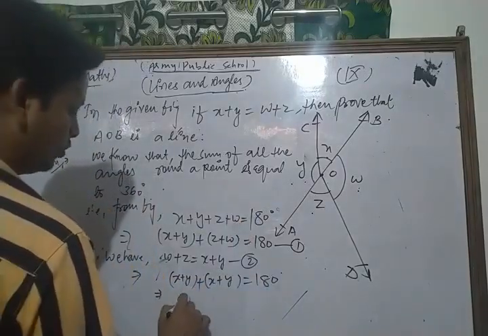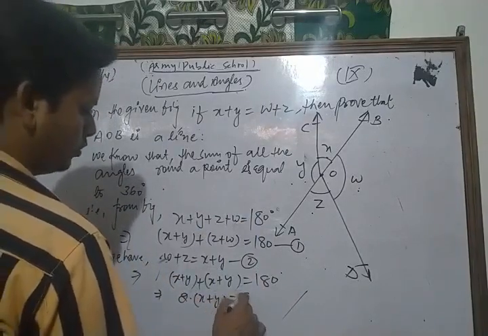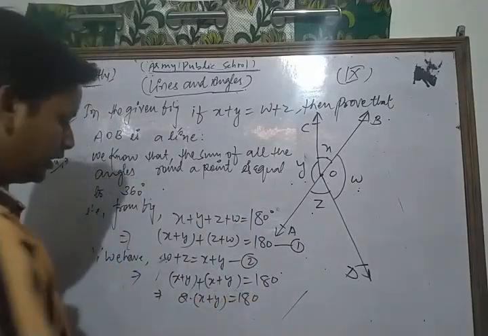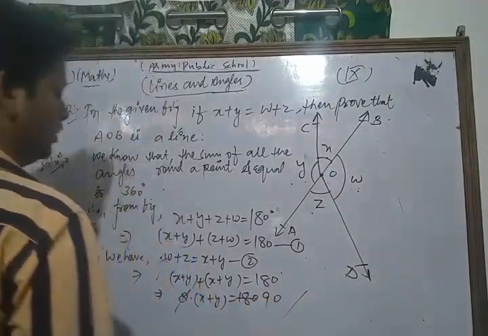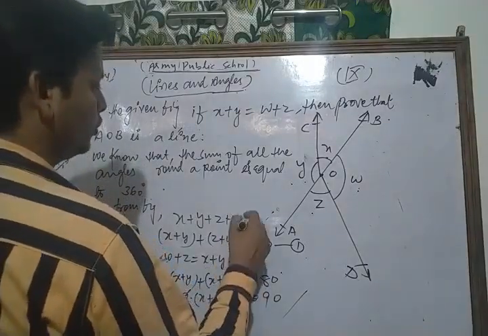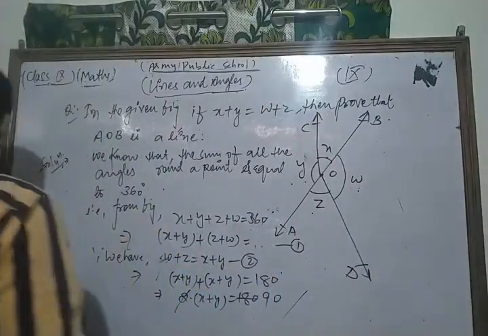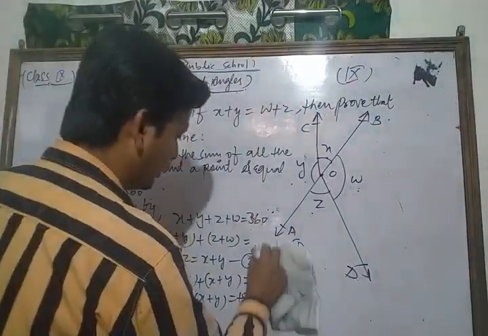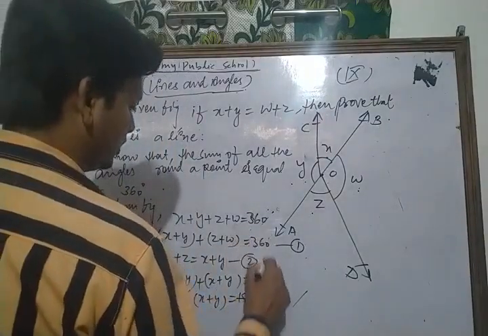So we write 2 times x plus y is equal to 180. Okay, now here 2 nines are 18, 0. No, this is 360. Sorry, the sum of all angles around a point is 360. So here we write 360 now. By mistake we wrote 180. So we write 360, dear students. 360.